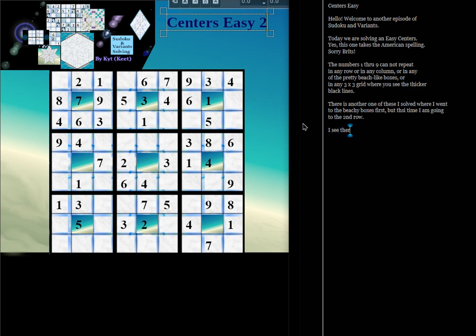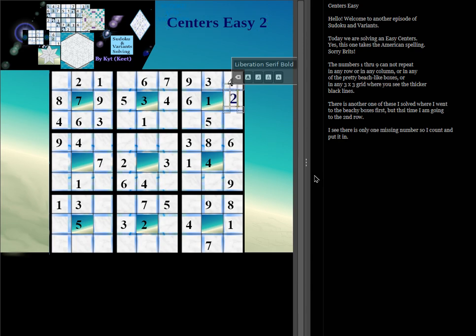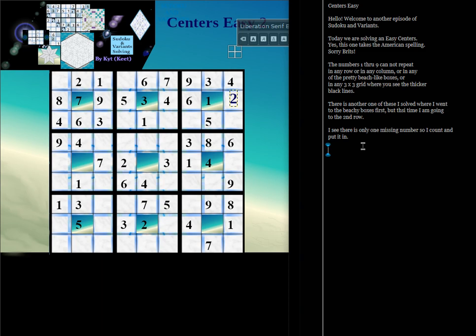Now I see there is only one missing number, so I count and put it in. 2. Now I am going to look at the second column.